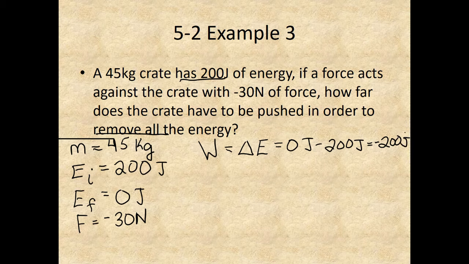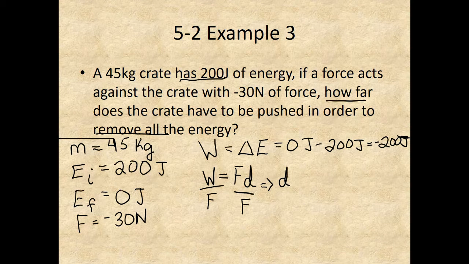As you may have guessed, this results in negative 200 joules of work, which we're going to use with our horizontal motion equation, force times distance, and we're going to divide both sides by the force to get the distance by itself. Because the question is, how far does the crate have to be pushed? We're looking for the distance.